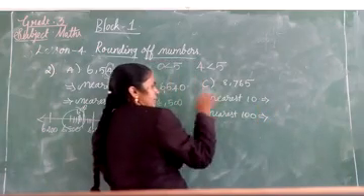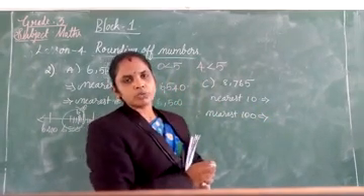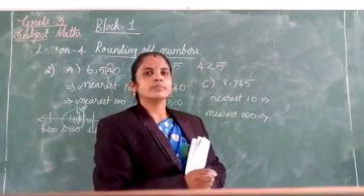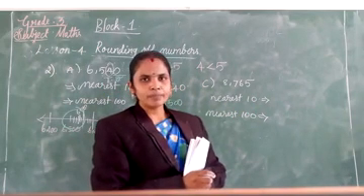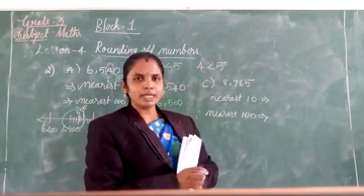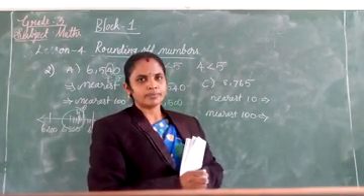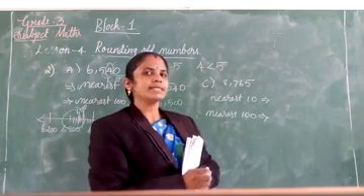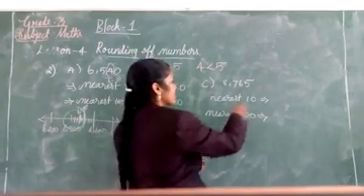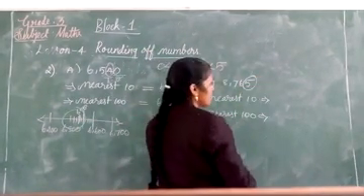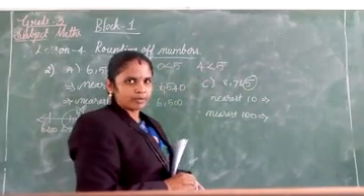To round off this number to the nearest 10 means what we have to do? Can anyone say? We have to look at the digit in the place of ones. In the place of ones, what we have? 5.